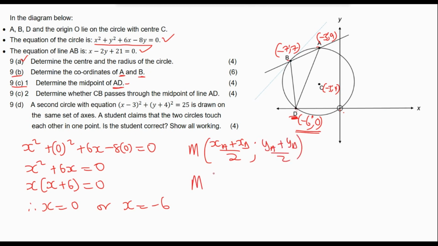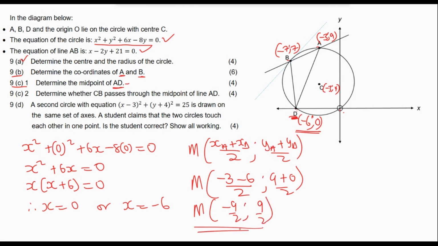So it becomes the midpoint is -3 plus -6 over 2, and then 9 plus 0 over 2. Then what do you get? Midpoint of AD, -9 over 2 and 9 over 2. So these are the coordinates of the midpoint of AD.